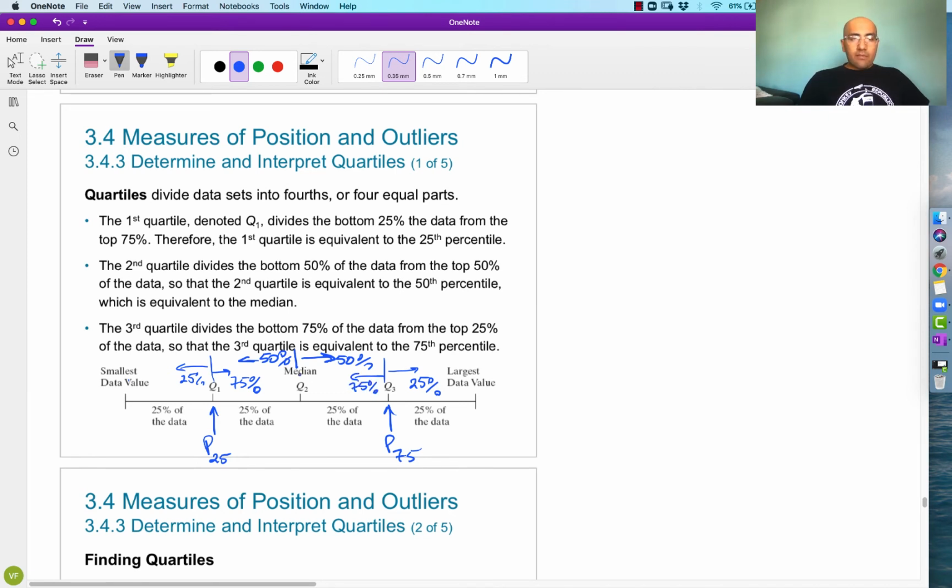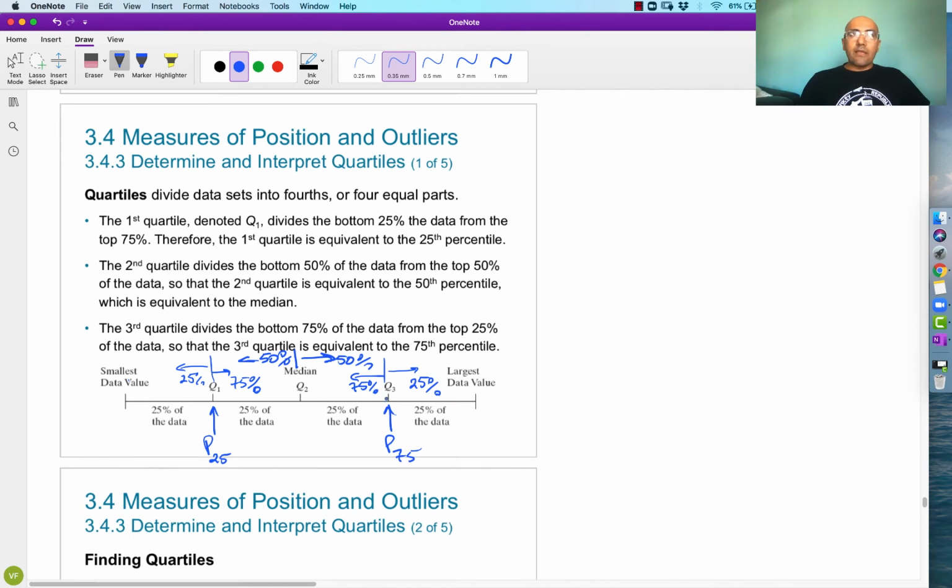A very common thing is for people to misunderstand the meaning of quartiles or percentiles. Saying that you are at the 25th percentile or the 75th percentile does not mean that you got 75% of the questions correct. That's not what that means. It doesn't mean that your score was 75%, right?